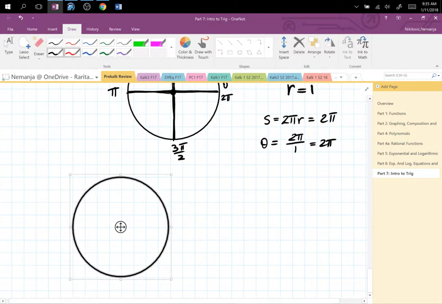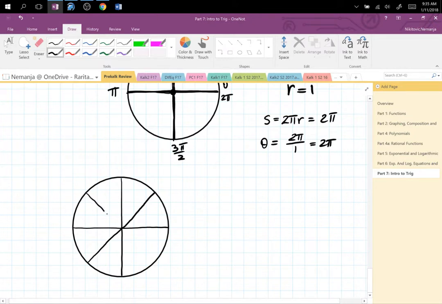That's a circle. I hope. What I'm going to do is I'm going to make the pizza slices now. Over here. Which will give me 8 slices.